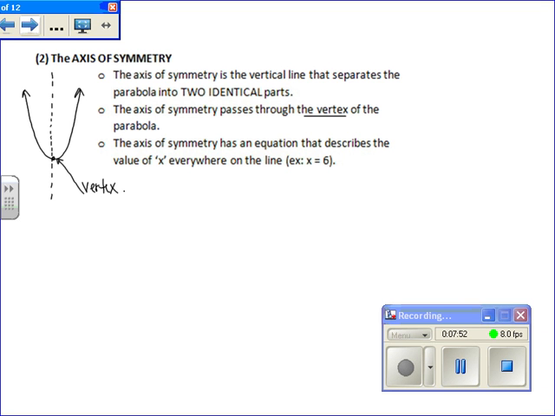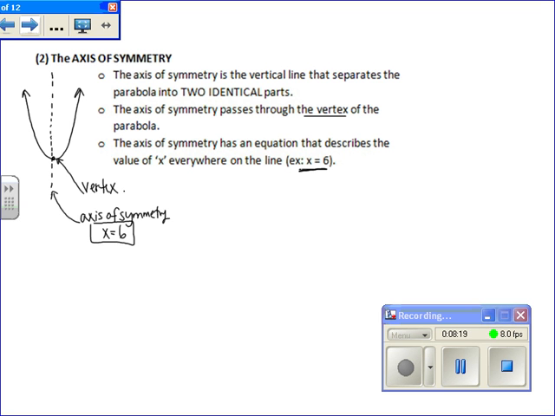And the axis of symmetry has an equation that describes the value of x everywhere along the line. So for example here, if x is equal to 6, so this is my axis of symmetry, x is equal to 6. That means that it goes through the x-axis at x equals 6.